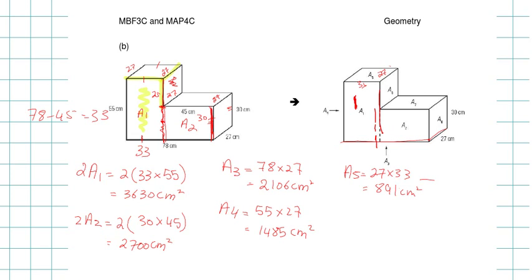I also have only one A6. Okay, and we said A6 is 27 by 25.